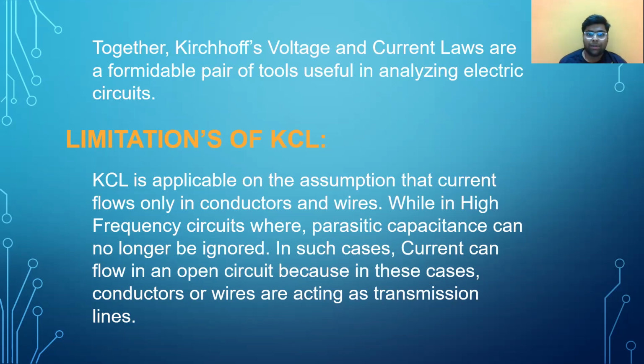KCL is applicable on the assumption that current flows only in conductors or wires. In high-frequency circuits, where parasitic capacitance can no longer be ignored, current can flow even in an open circuit, because in these cases conductors act as transmission lines. This is the only limitation for KCL.